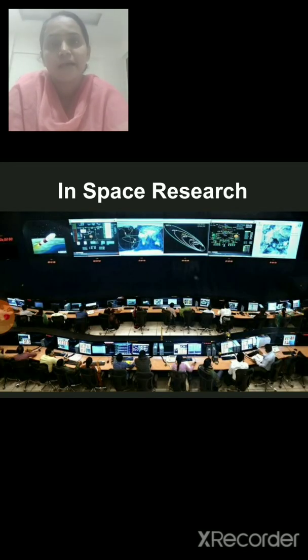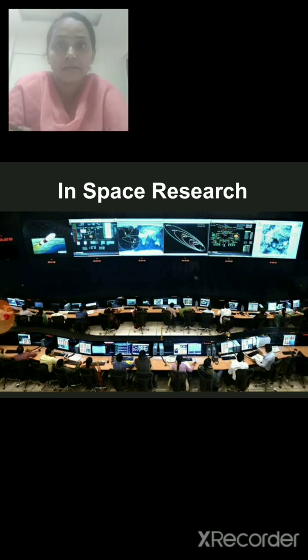Next, in the space and research. What is the use of computer in space research? Computers help in contacting and executing commands on a spacecraft.